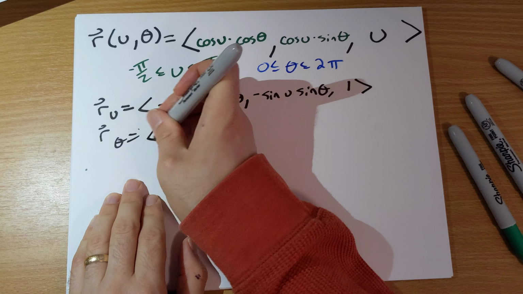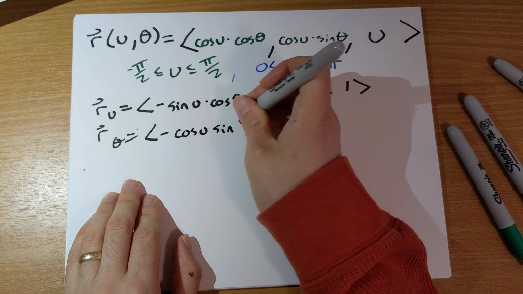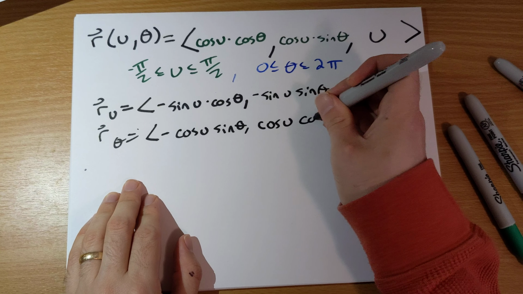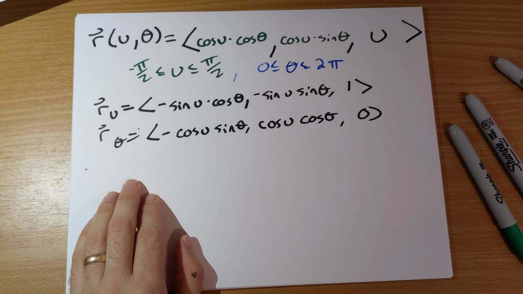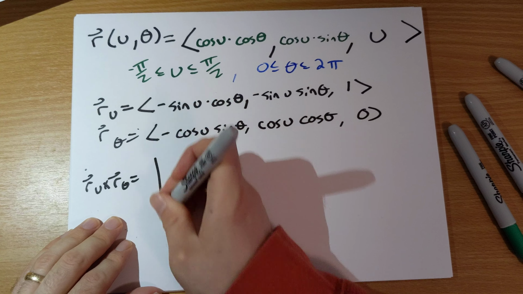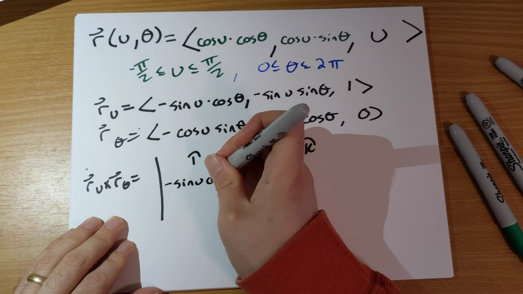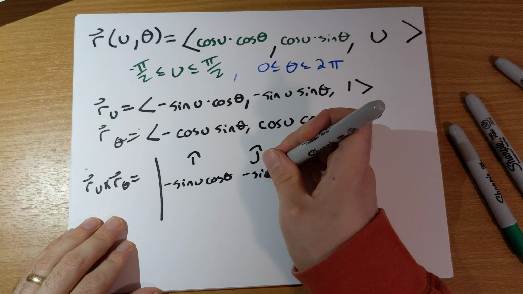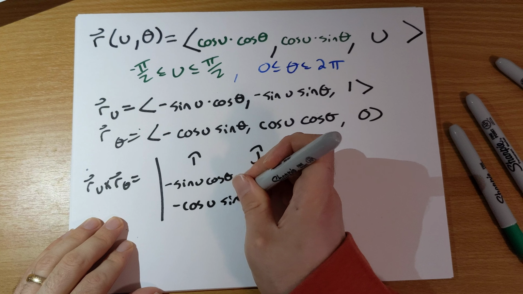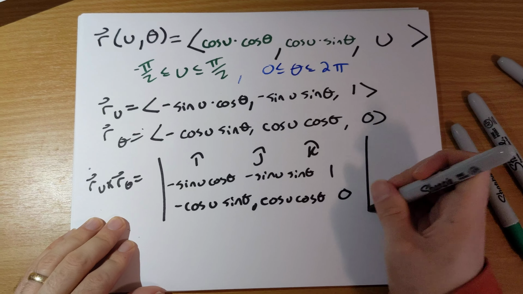R sub theta, the partial derivative, will be negative cosine u sine theta, cosine u cosine theta, and 0. So when we take the cross product here, we have i hat, j hat, k hat, then negative sine u cosine theta, negative sine u sine theta, and 1, then negative cosine u sine theta, cosine u cosine theta, and 0.